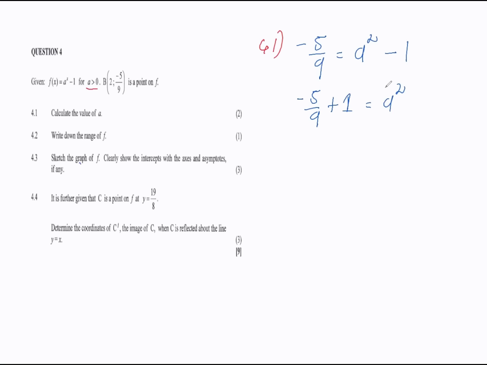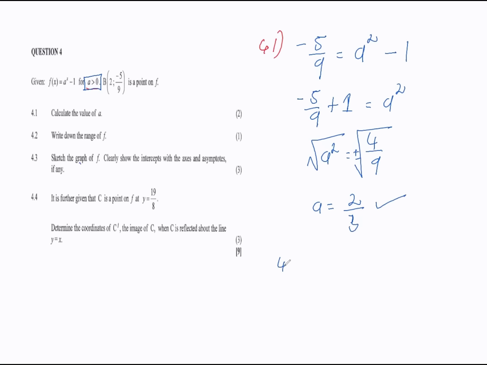When we punch that into our calculator, a squared will give us 4 over 9. And then if we square root both sides, we know that we are going to have plus or minus, but remember they said where your a is greater than 0. So that means we must take the one that says positive. So that's positive what? 2 over 3. There we go, so that's your a value.